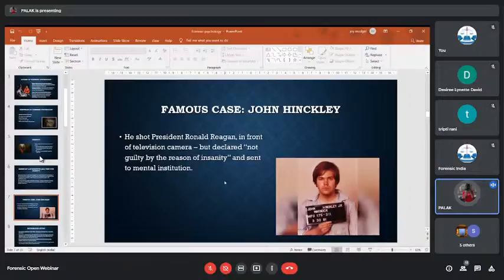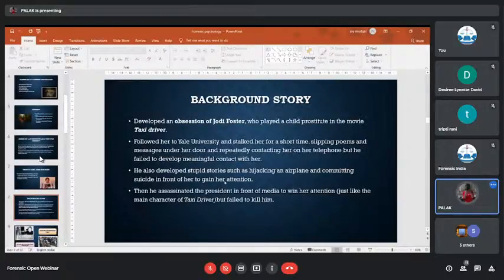So, here is a famous case based on insanity, which is of John Hinckley. He shot President Ronald Reagan in front of the television camera but was declared not guilty by reason of insanity and sent to a mental institution. Here is the background story. He developed an obsession with Jodie Foster, who played a child prostitute in the movie Taxi Driver.